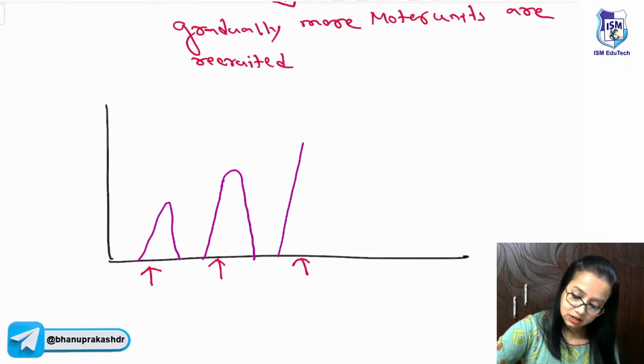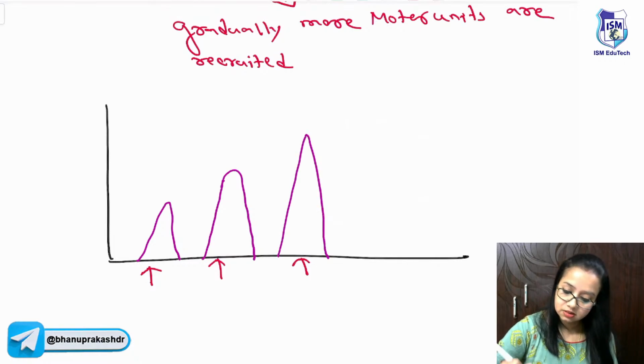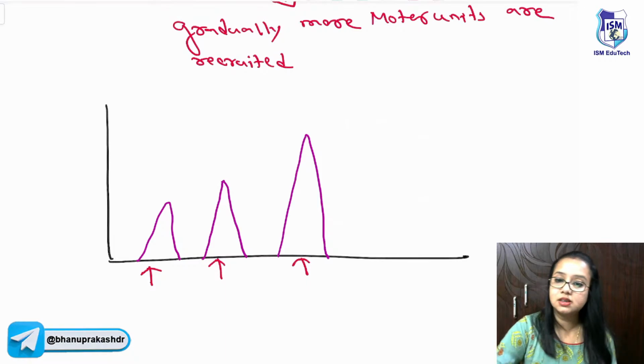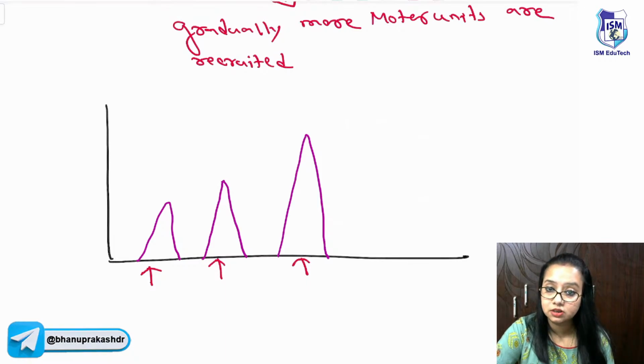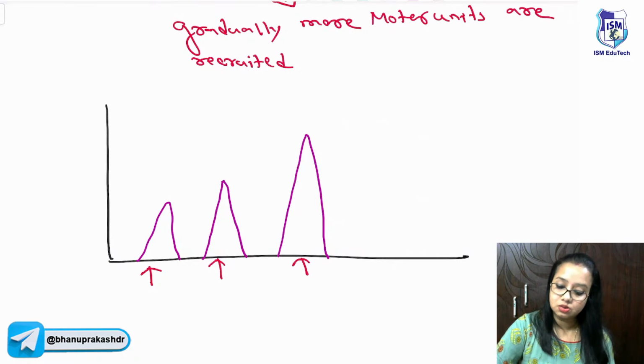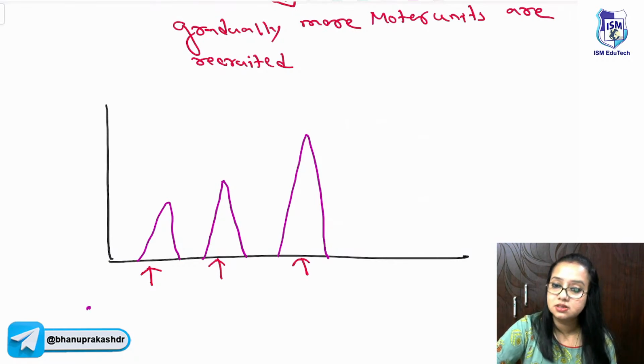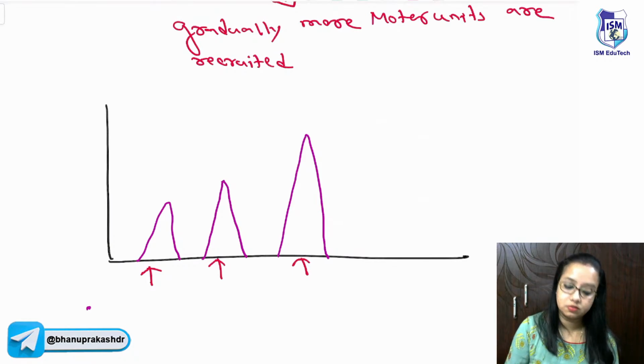Then there will be more recruitment, and again an increase in the motor unit recruitment. The size will go bigger. So like that, with gradual increase in the stimulus, bigger and bigger motor units get recruited. This is our concept of the motor unit.